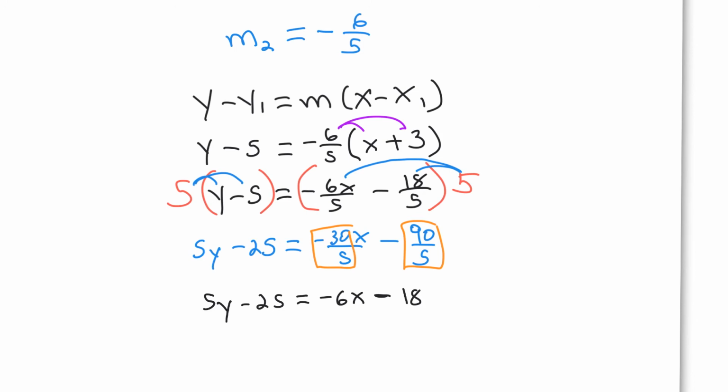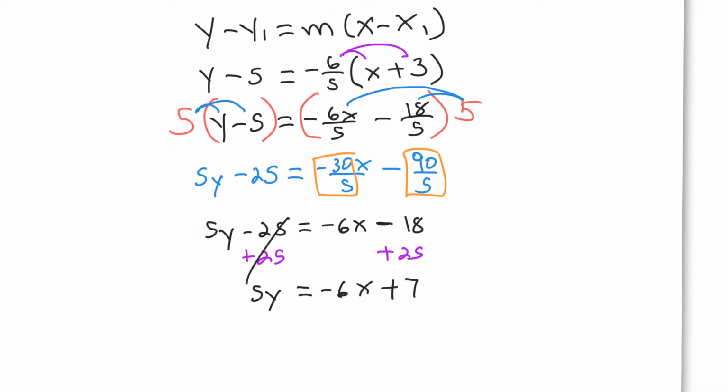So let's get rid of the constant, the minus 25. You do the opposite. You add 25. So we're going to have 5y, that's gone, equals negative 6x plus 7, lucky 7. So now to get y by itself, we are going to divide by 5.